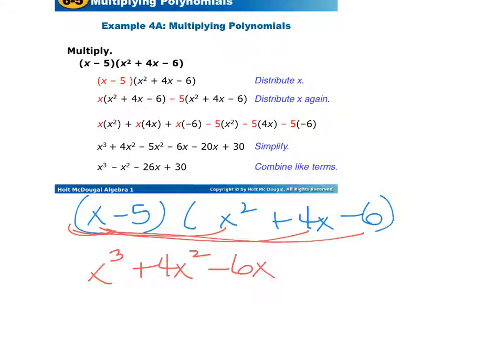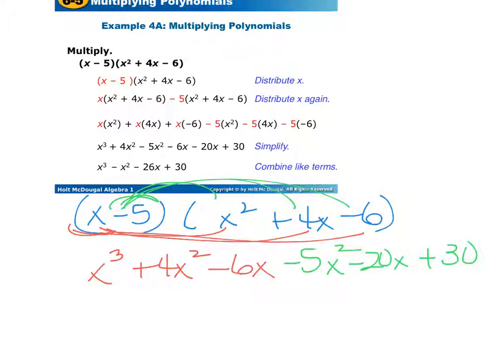Now I'm going to distribute the negative 5. I treat this as negative 5 times x, negative 5 times 4x gives me negative 20x, and negative 5 times negative 6 gives me positive 30. Notice again, I've got some like terms here.